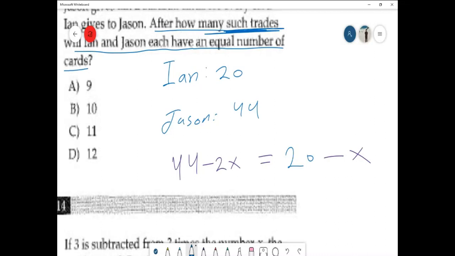Teacher, is Jason taking 2 cards, right? No, Jason gives 2 cards. So that means Jason is subtracted. But also we need to subtract 1x from these 2x. Teacher, can you show us the question, sir? We cannot see the question properly.